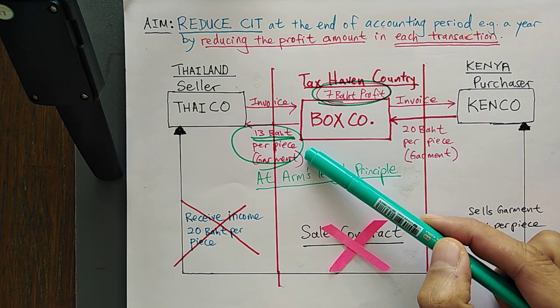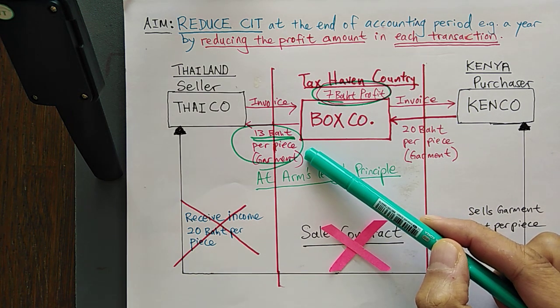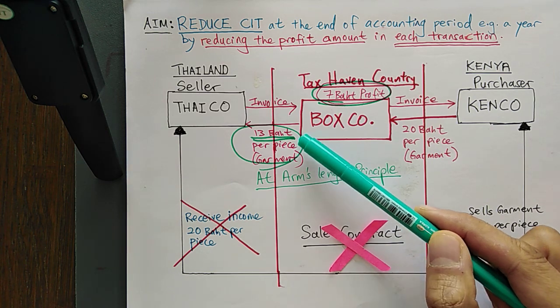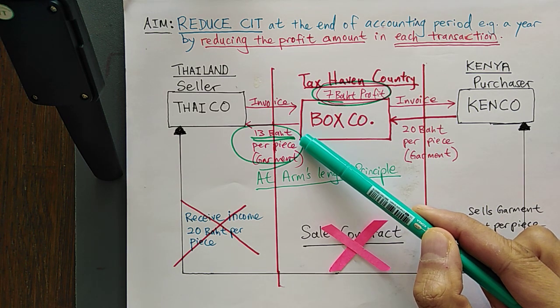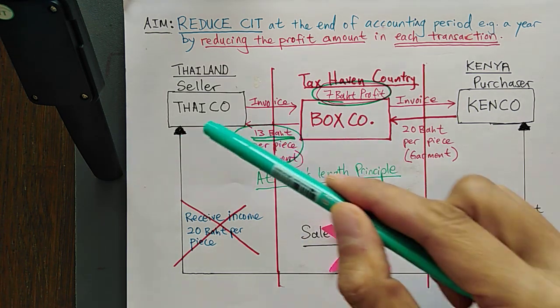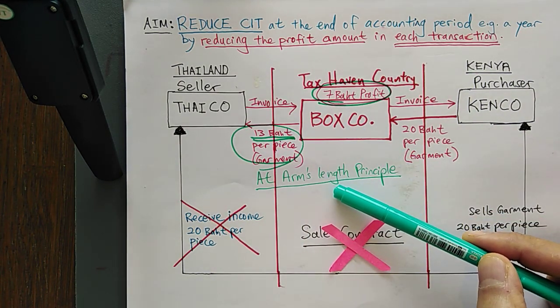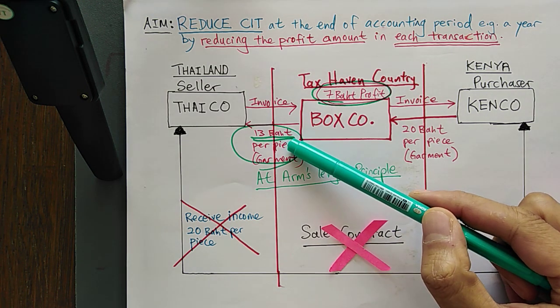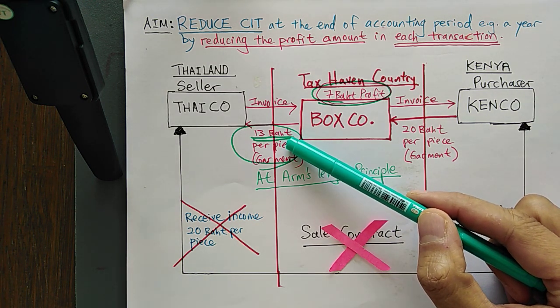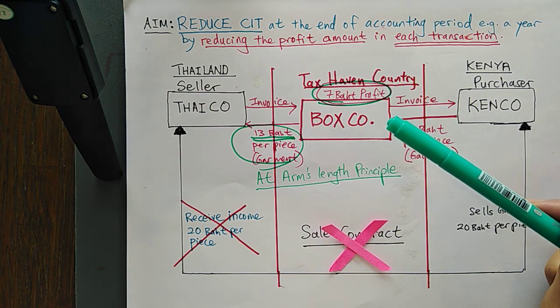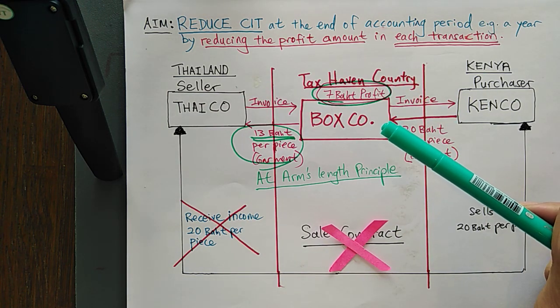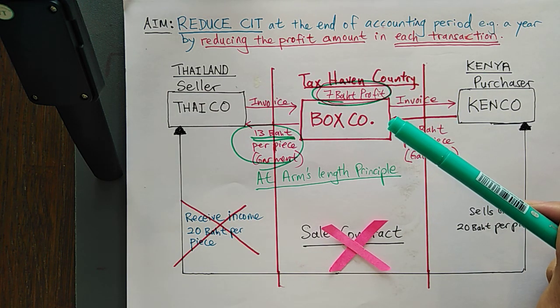And therefore, if the Revenue Department decides that this 13 baht is not the real purchase price, and these two companies, Taiko and Boxco, are not at arm's length, the Revenue Department would investigate further to try and realize the real price here, and thereby subjecting Taiko to corporate income tax at the end of the year.